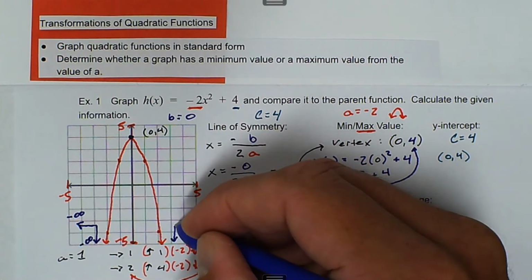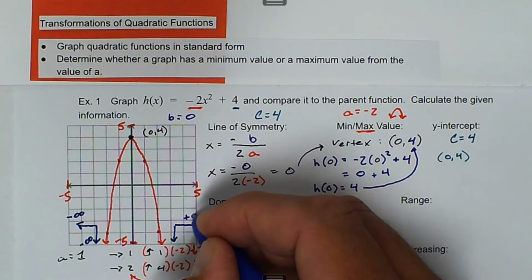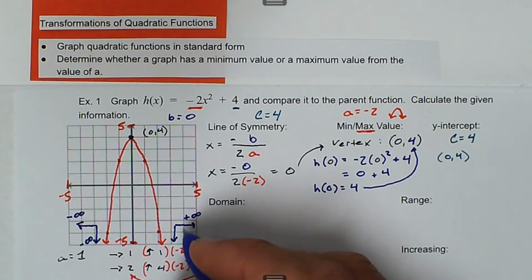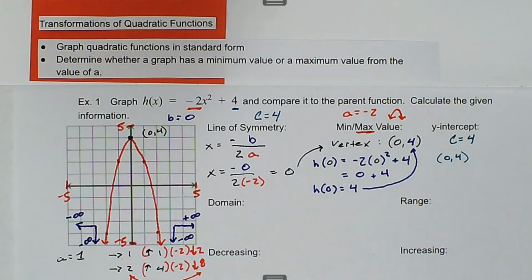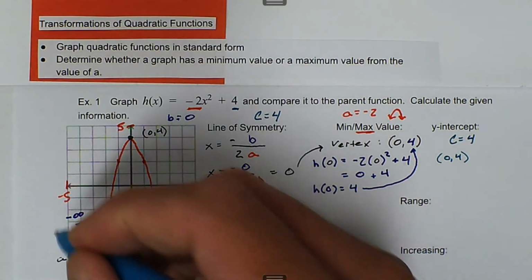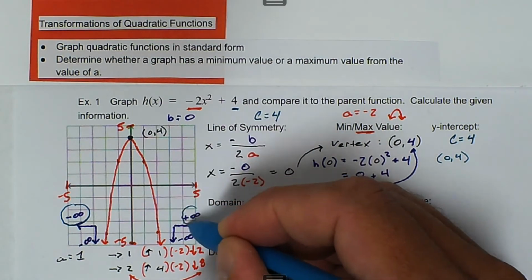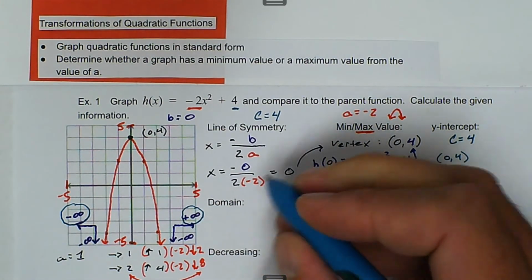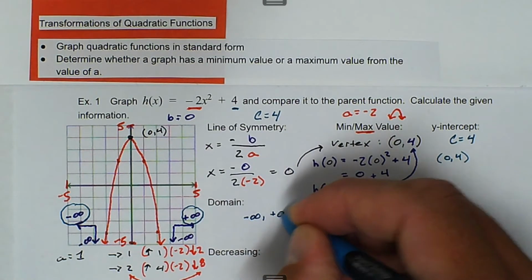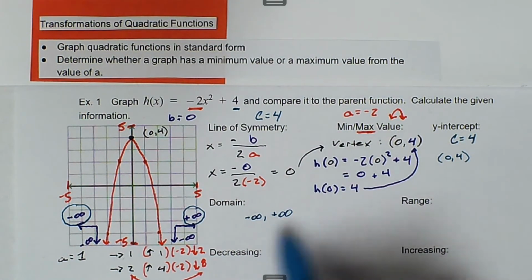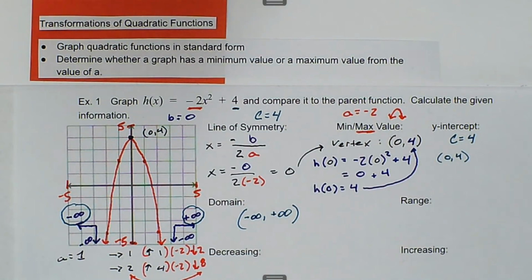Here is the same thing, except for as we go to the right, we're going to +infinity. And as we go down in the y direction, we go to -infinity. So what part of those represent the domain? Just the x. So we're going from -infinity over to +infinity. So in the domain, we go from -infinity to +infinity, and we can never count that high, so we can't include them. So those are parentheses.